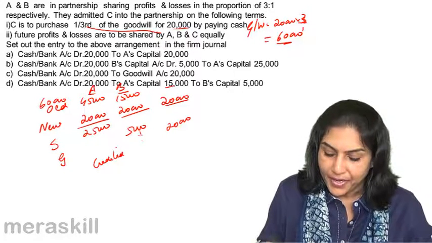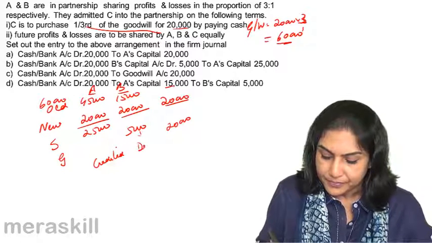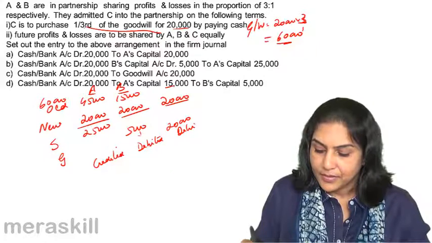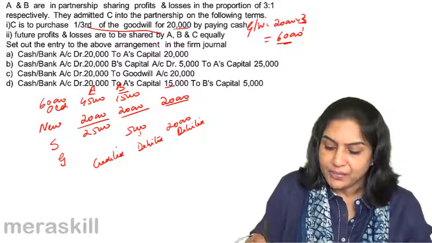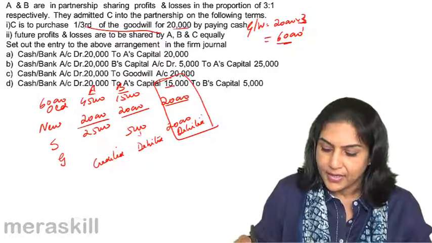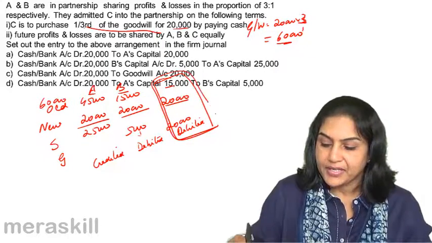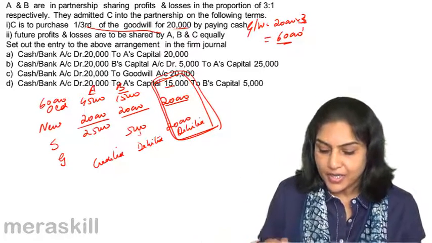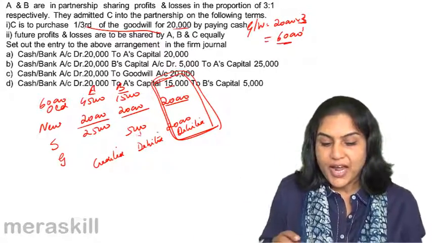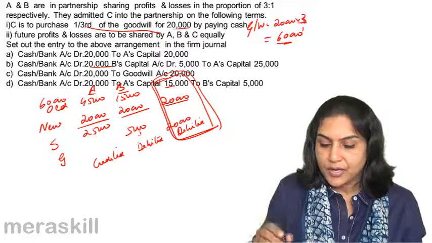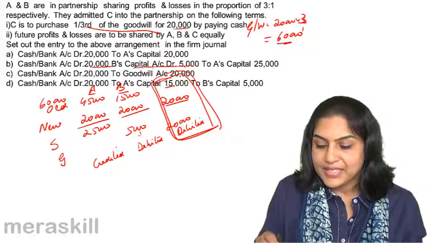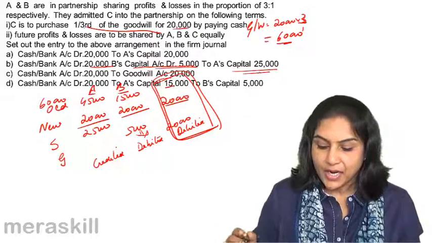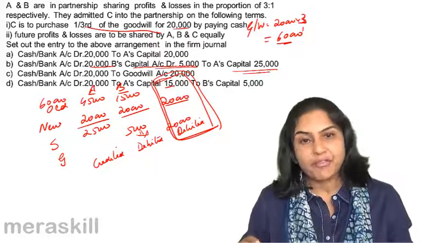The gaining partner will be debited. When C brings in cash, his account is credited, and for his share his account is debited. So basically, cash account debit 20,000, B's capital account debit 5,000 because he stands to gain, and A's capital account is credited with 25,000.